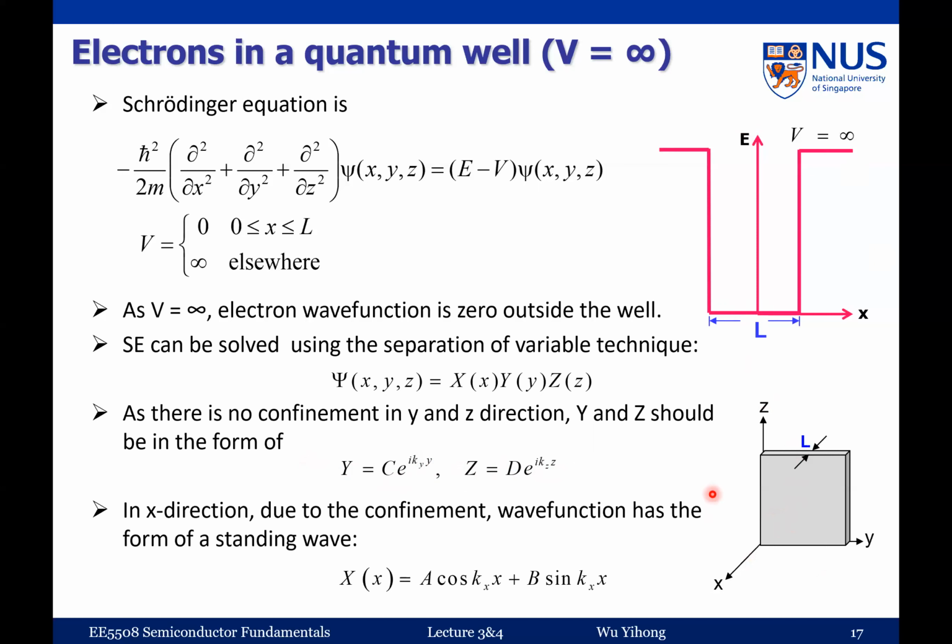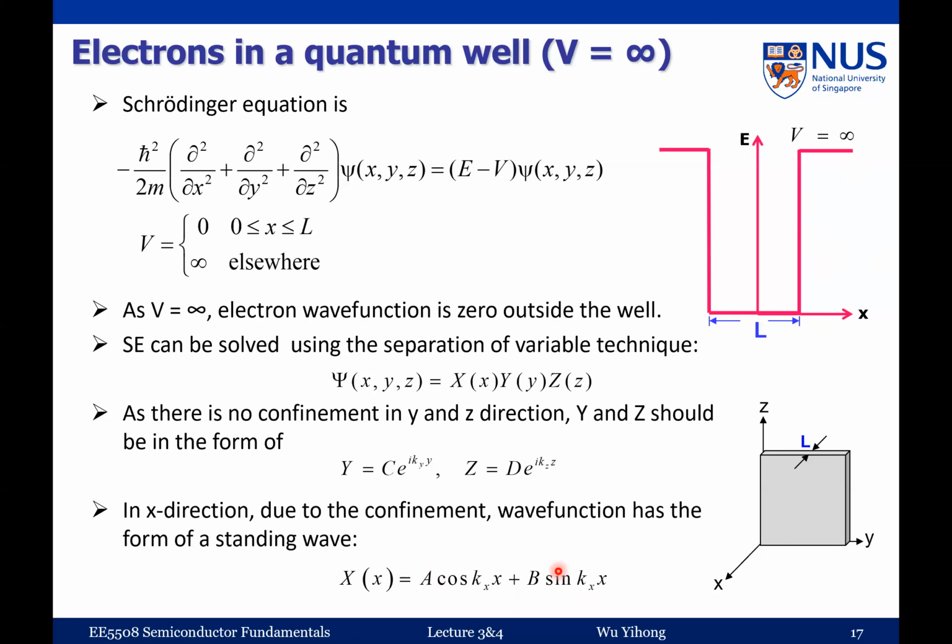Since the electron cannot move into this barrier region, it will be confined, 100% reflected back from the right boundary and 100% reflected back from the left boundary. So eventually you can only have this kind of standing wave. Any other wave you try to substitute cannot be sustained by this kind of potential environment, so you only have this one.